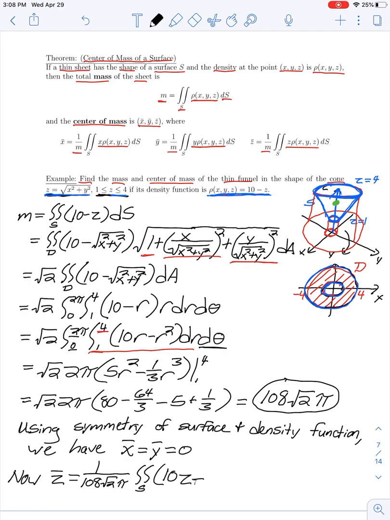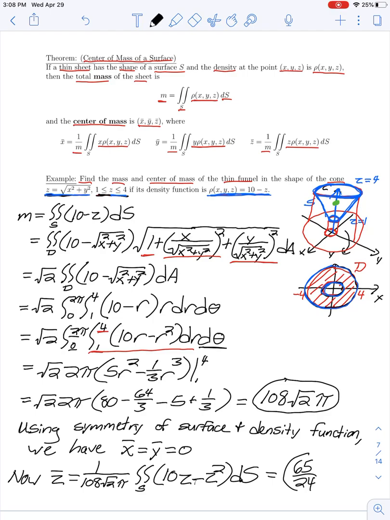So that would be 10z minus z squared integrated with respect to S. And then we can set this up as a double integral instead of a surface integral over the same plane region D, using an iterated integral to evaluate. Eventually we can find that our z-coordinate is 65 over 24.